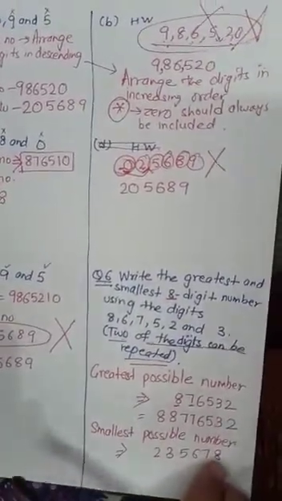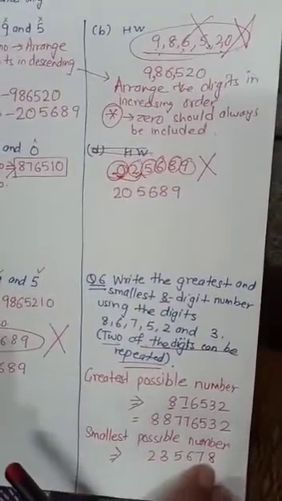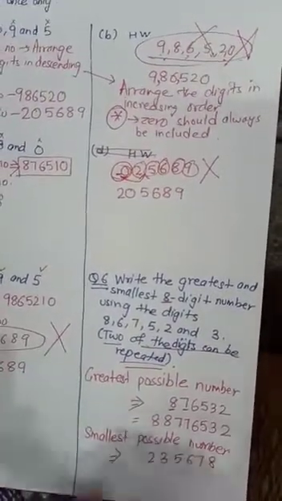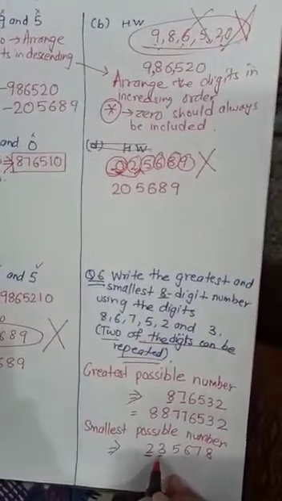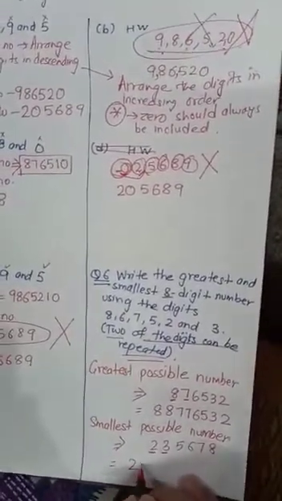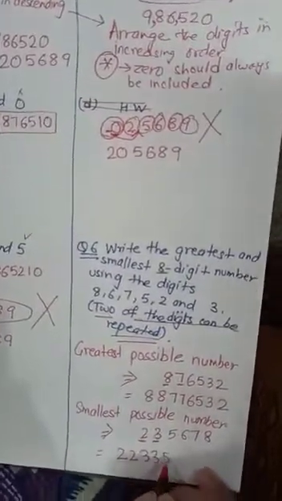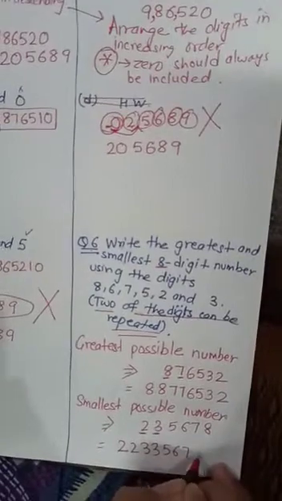If I repeat 8 or 7 here also, it will not be the smallest. So for making the smallest possible number, I will repeat the smallest digits over here, that are 2 and 3. So that is 2, 2, 3, 3, 5, 6, 7, 8.